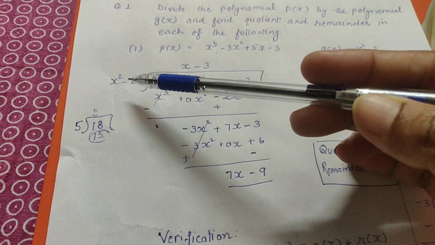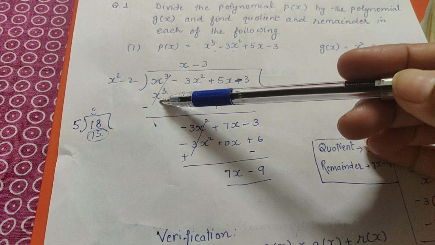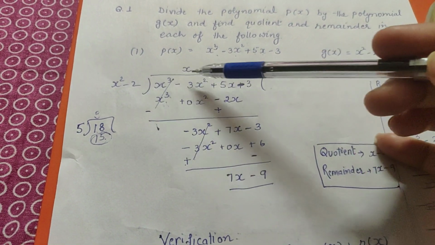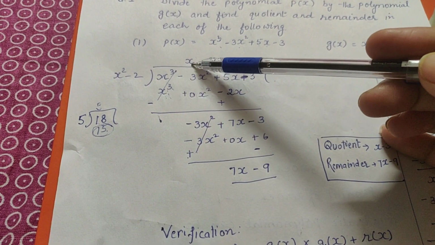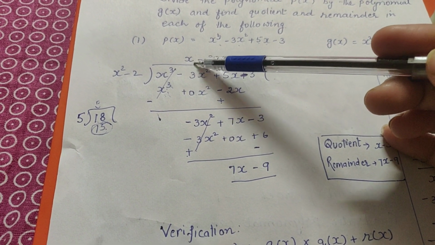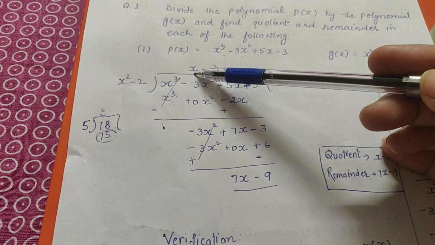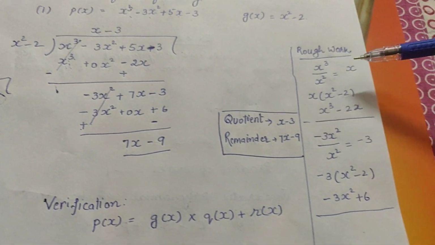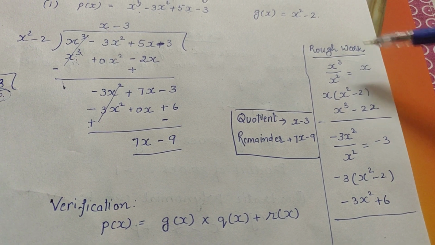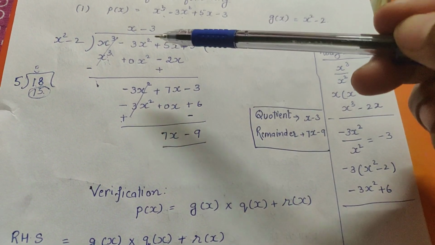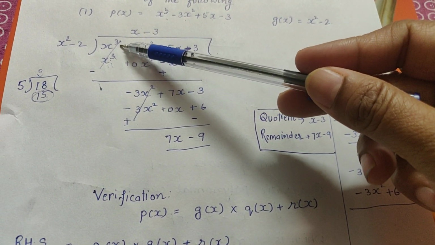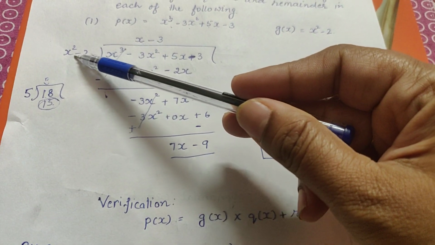Okay. So x square should be multiplied by what to get x cube? x square should be multiplied by x to get x cube. So if you get it easily, that's fine. If you are having any problem, then you can just shift to rough work. Now what is this rough work? In this rough work, I want to obtain x cube and I have x square.